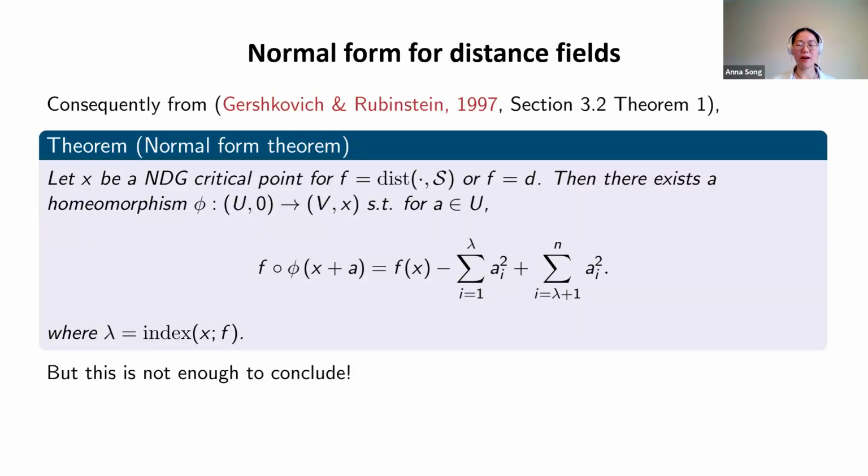So now that we've managed to recast distance functions as CK-min-type functions, and now that we have a notion of index, we can use Jershkovich and Rubinstein's framework to show that the normal form is also satisfied at non-degenerate critical points.